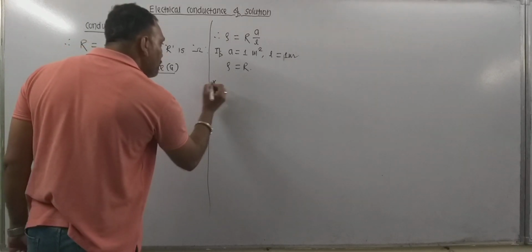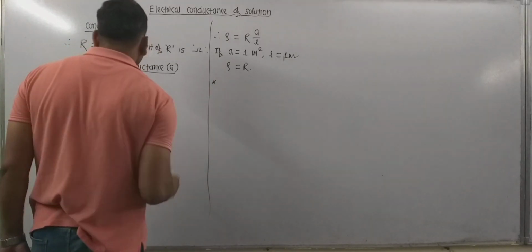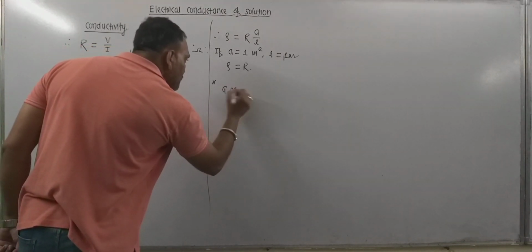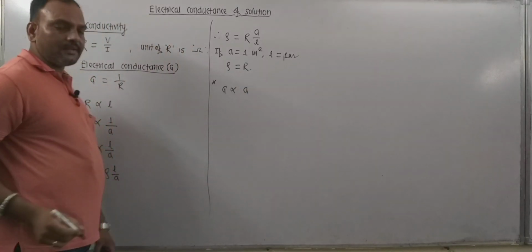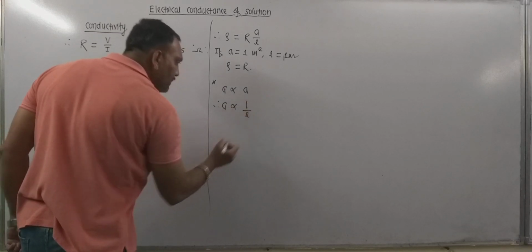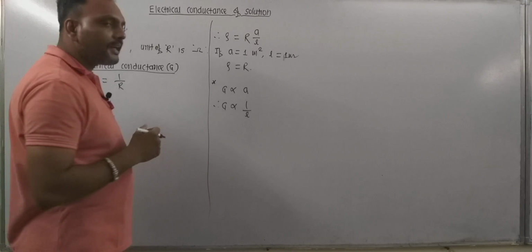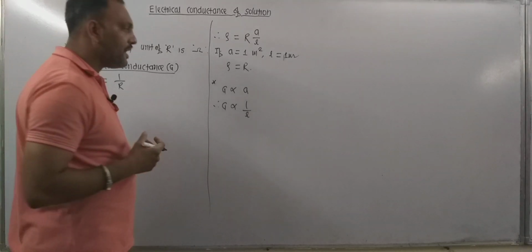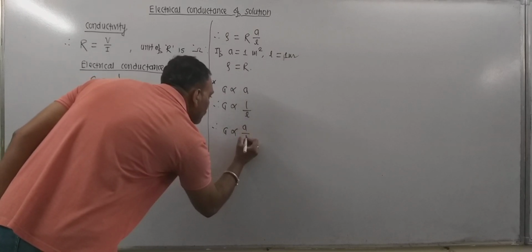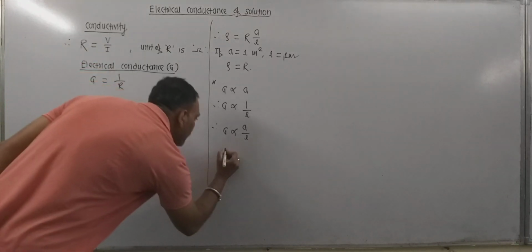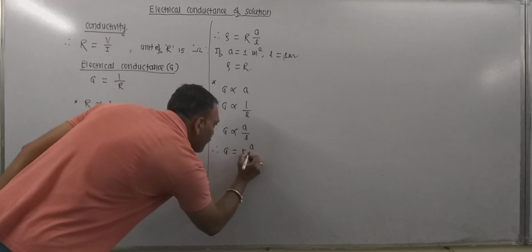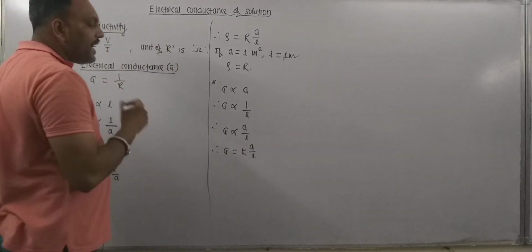Another thing, as far as conductance is concerned, conductance is greater if the area of cross section is greater, and conductance is inversely proportional to the length of the material conducting electricity, or one can say simply, the length of the wire. So these two things can be given as G is proportional to A by L, and if we take a proportionality constant, then G is equal to K A by L. Now K is conductivity.